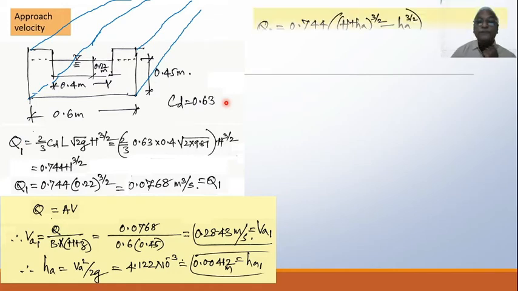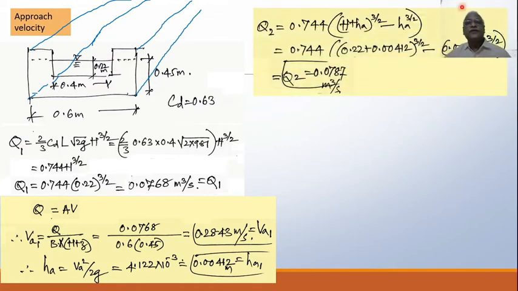How to do that? Okay, here discharge is given by the same equation 0.744, but instead of plain h, now h plus ha raised to 3 by 2 minus ha raised to 3 by 2. This is the equation for approach velocity, right? If you want to include approach velocity, there is a minus sign here over the rectangular crest.